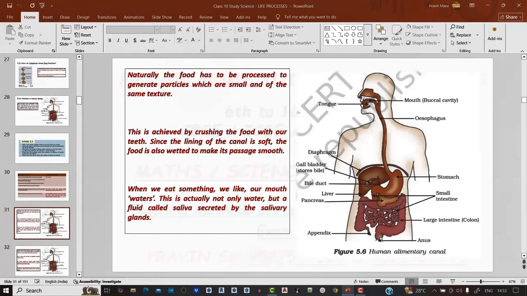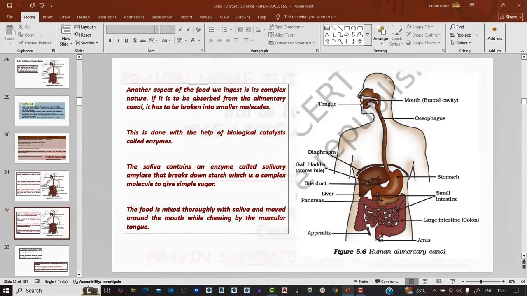By means of the tongue, food is moved in all parts of the mouth. As you know, the mouth has salivary glands. The salivary gland secretes saliva, and this saliva is mixed in the food and makes it soft.